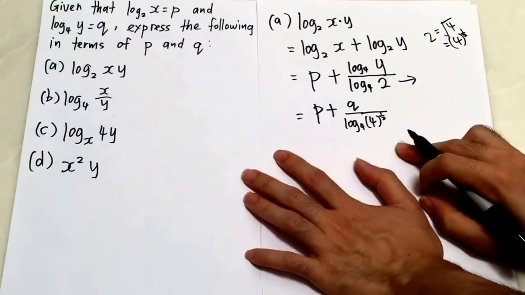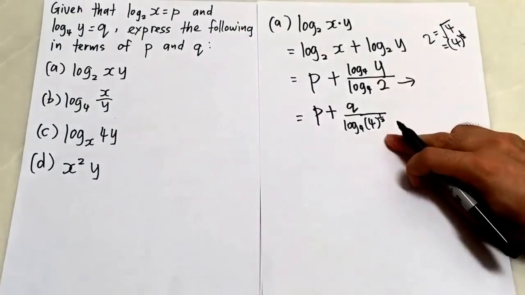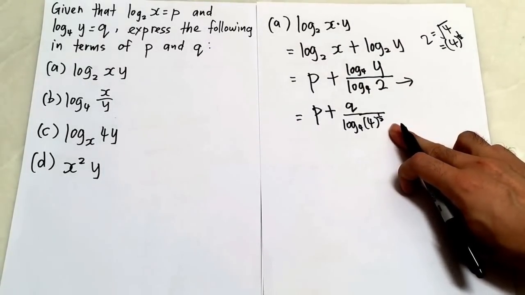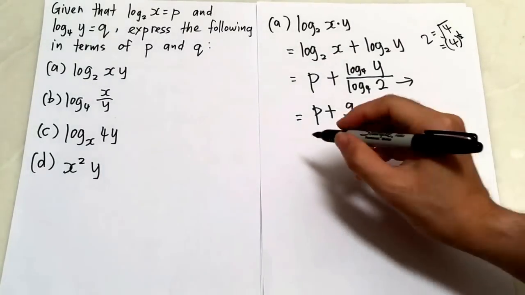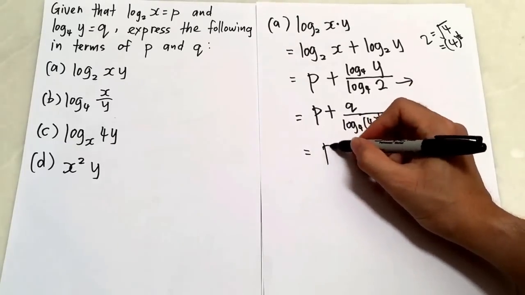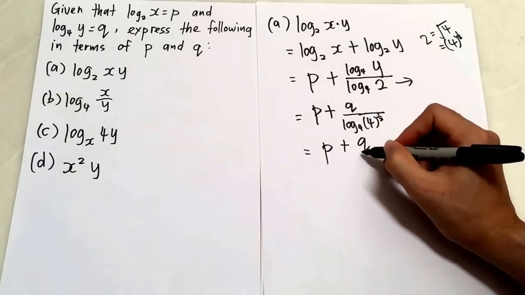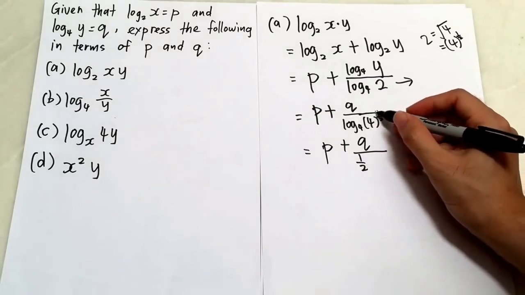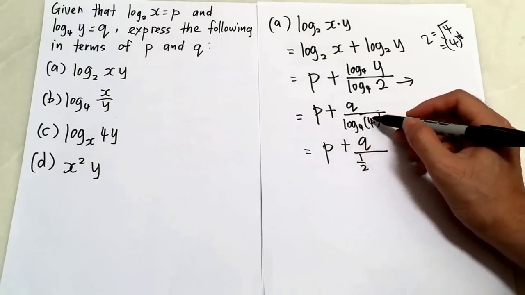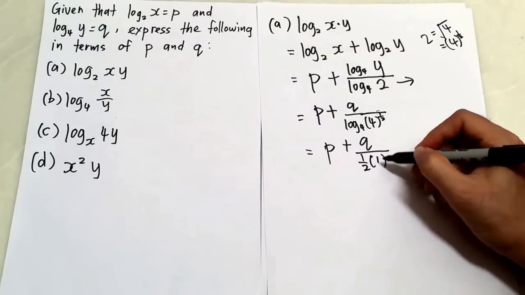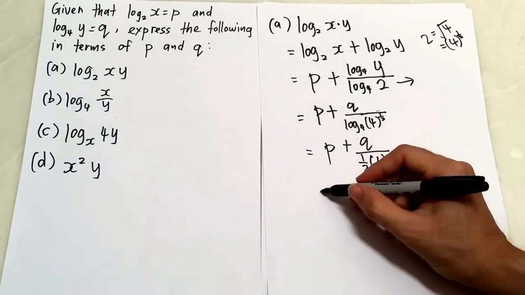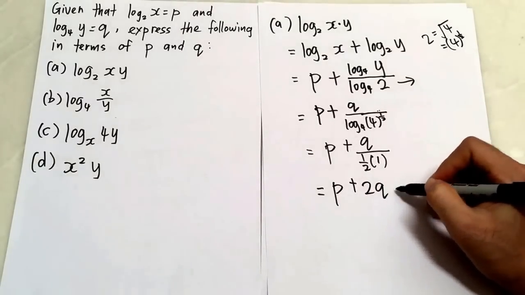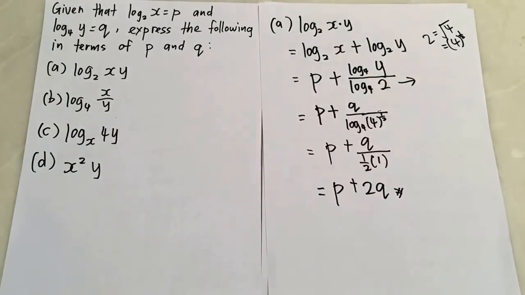Do you see how I change the 2 into 4 to the power of half? If you understand this one, I can move slightly further. So this one will become p plus q over 1 over 2. Log 4, the power we can move in front, right? So it becomes 1 over 2, and log 4 of 4 gets 1. And q divided by 1 over 2, you will have p plus 2q. Okay, finished for the first one.